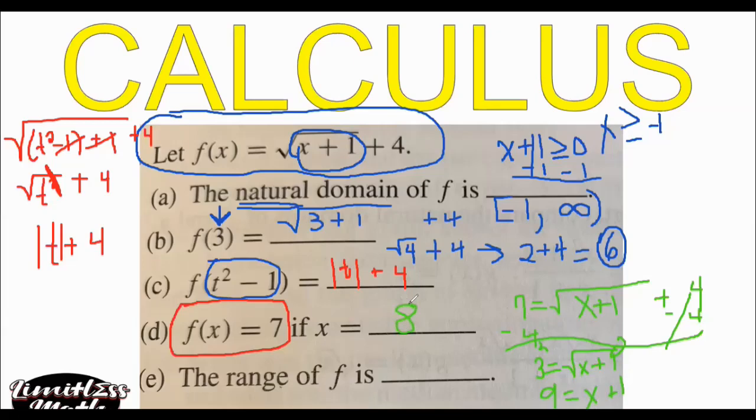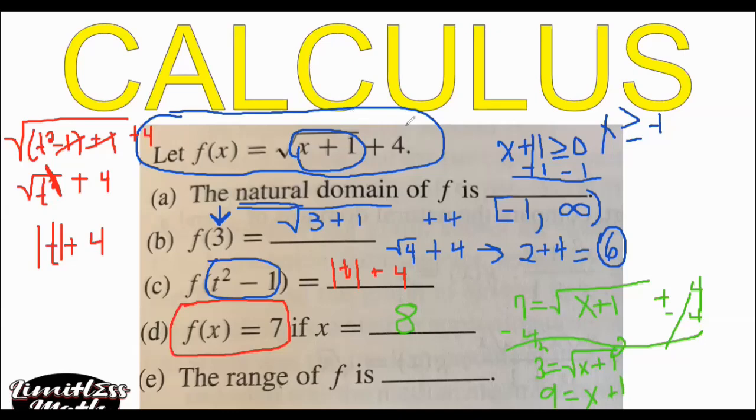At this point, we're down to the last one. We want to know what the range of this given function is. The range is the set of all y values, or the set of all possible outputs. Remember from the very beginning, we knew that x had to be greater than or equal to -1. Knowing that, we can plug that in and that will give us our minimum y value.